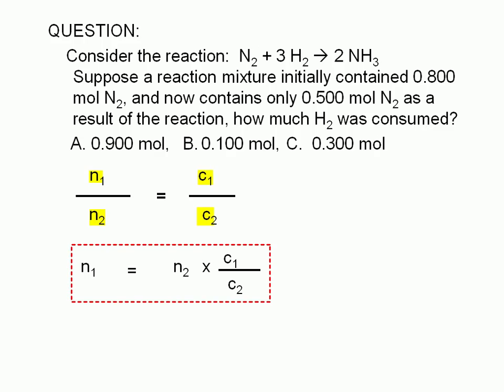Let's see how we can apply this equation to the question we are working on. If you know the moles of a reactant consumed or the moles of product produced, assign that to N2. Then to figure out the corresponding change in moles of another substance, simply multiply N2 by a conversion factor based on the coefficients of substances 1 and 2.